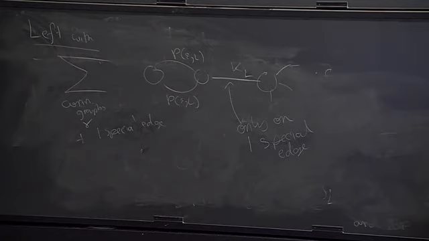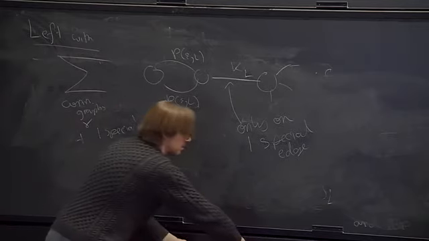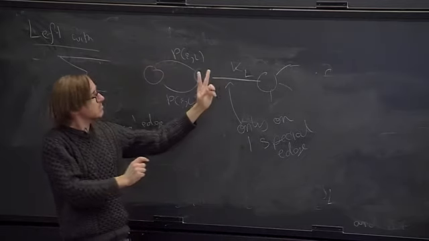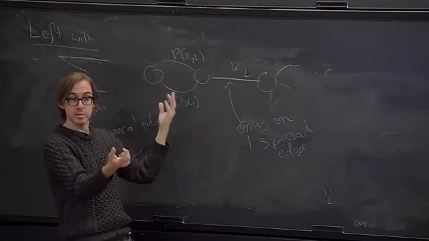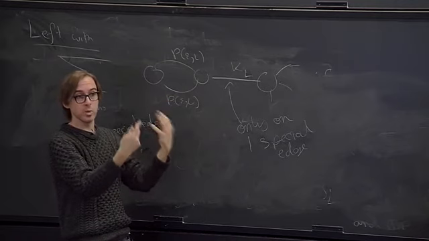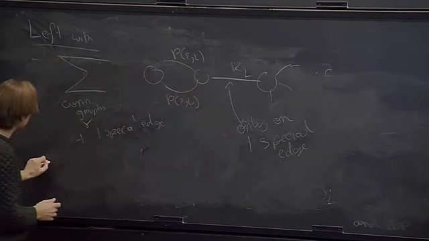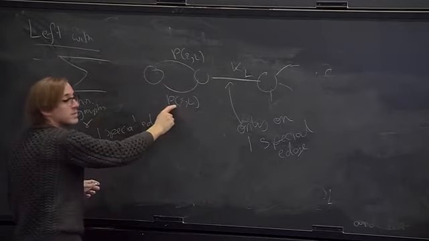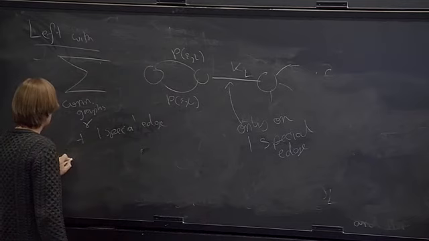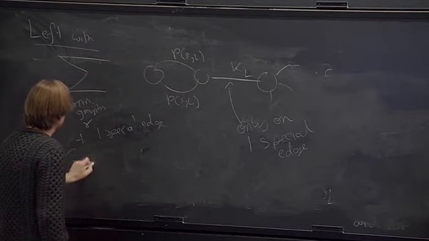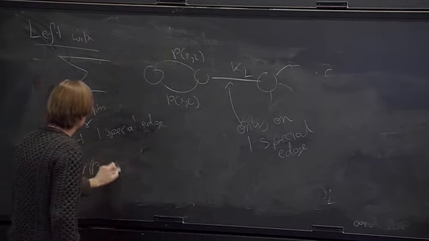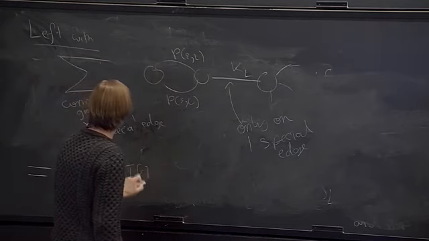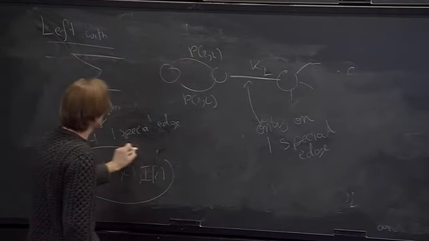Now I think we're almost done, because I have this KL, and if I snip it, I'm either left with two graphs or with one graph. If I'm left with two graphs, each graph is the same kind of thing we did before, with the same kind of propagator.